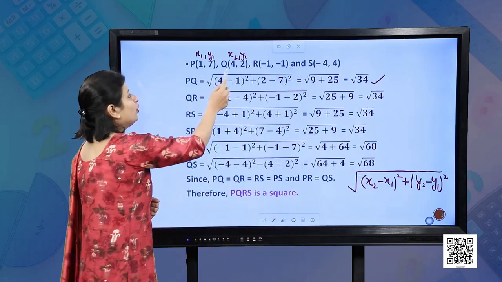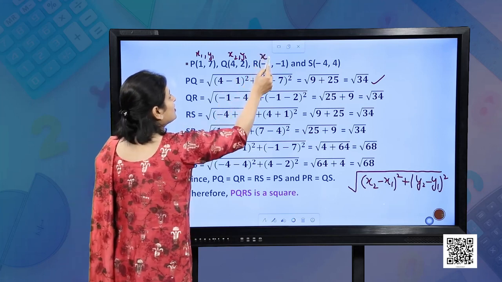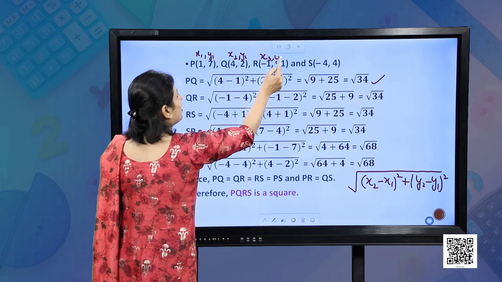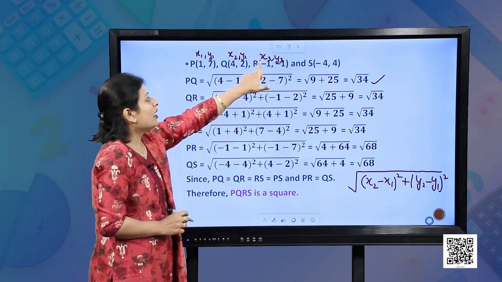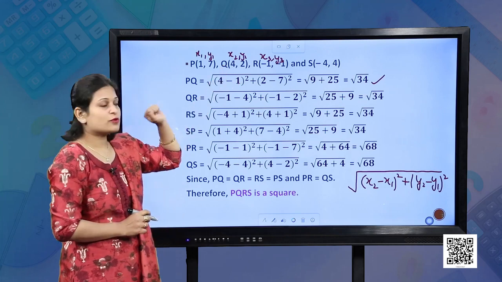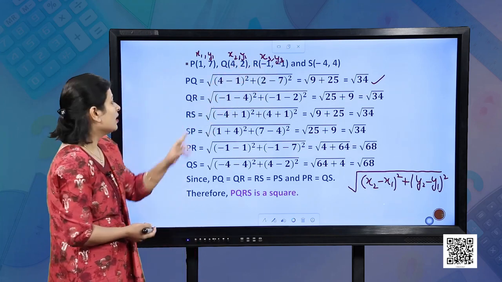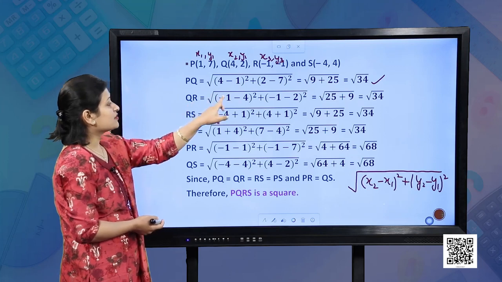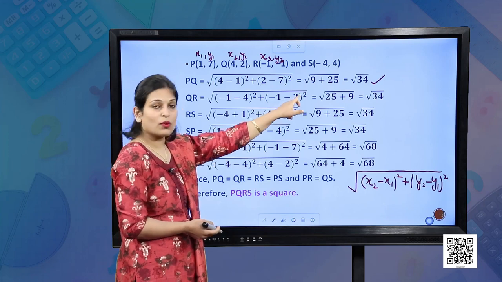Now for QR, what will you consider? Consider this point as x3, y3. Now x3 minus x2 whole square, y3 minus y2 whole square. So what will you get? Minus 1 minus 4 whole square plus minus 1 minus 2 whole square.